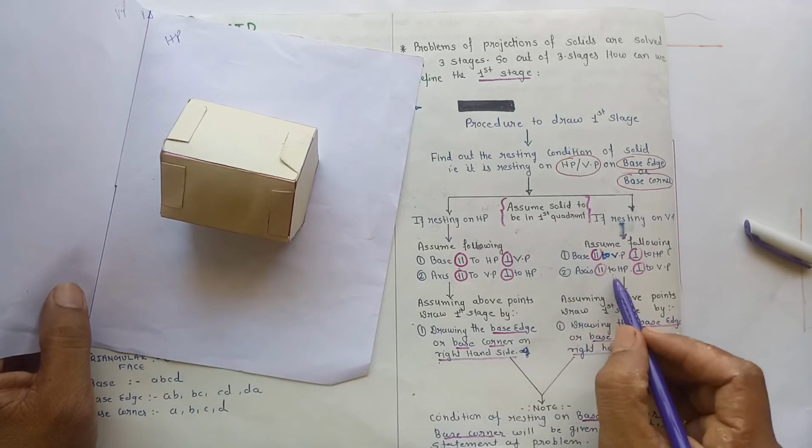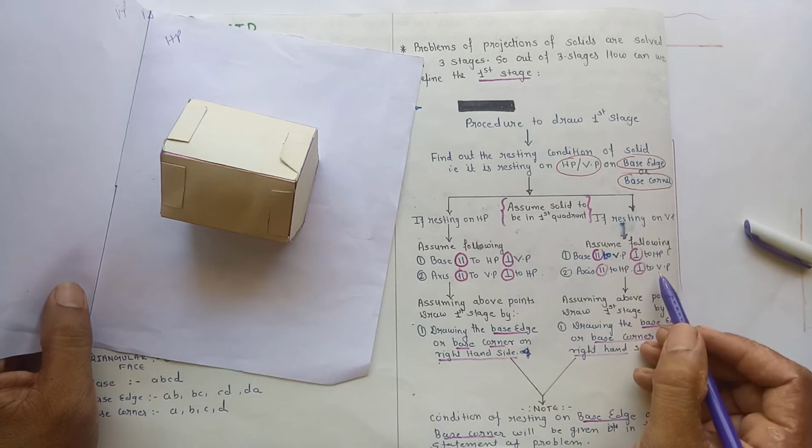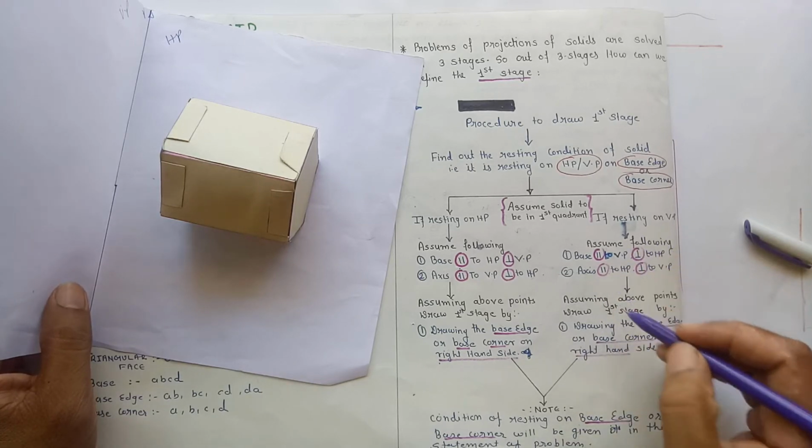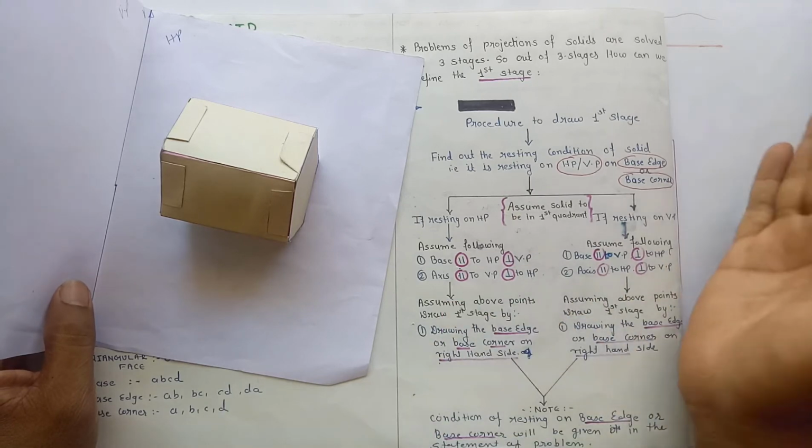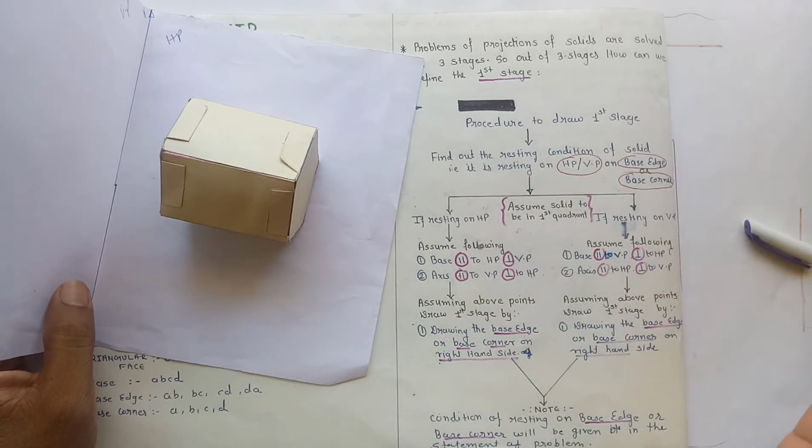So assuming the above points, draw the base edge or base corner on the right hand side of the drawing, and again the condition of resting on base edge or base corner will be given in the statement of the problem.